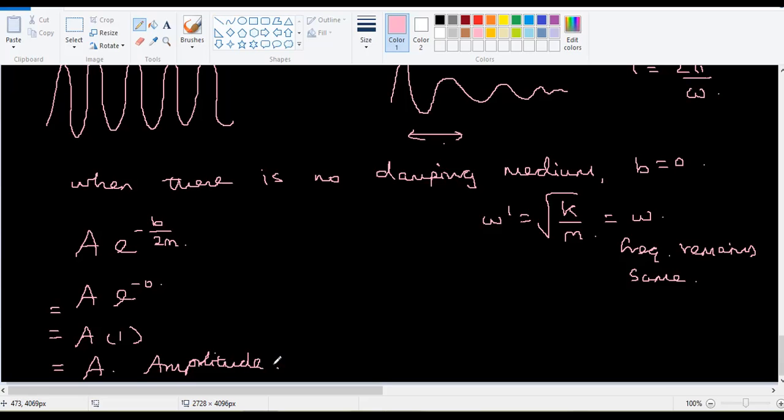What does that mean? When there is no damping force, it will keep on oscillating. Suppose I evacuate the chamber and put the spring inside, it will keep on going, theoretically speaking.